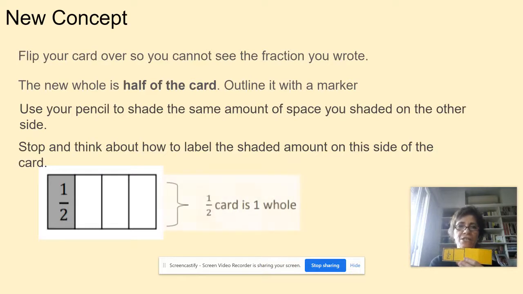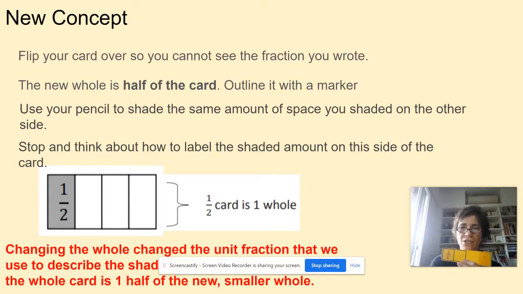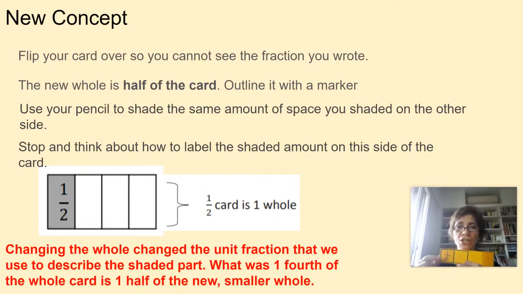What does this teach us? Half the card is the whole. So half of a half, which before was 1/4, but if half is the whole, this is 1/2. Changing the whole changed the unit fraction that we used to describe the shaded part.